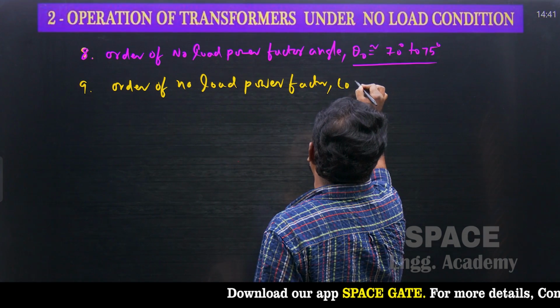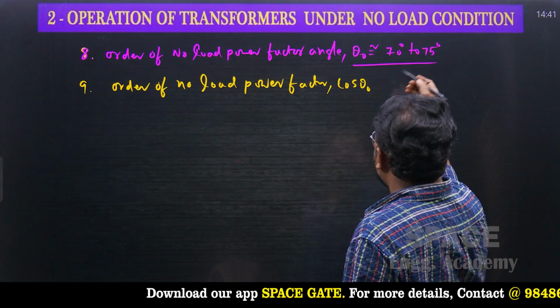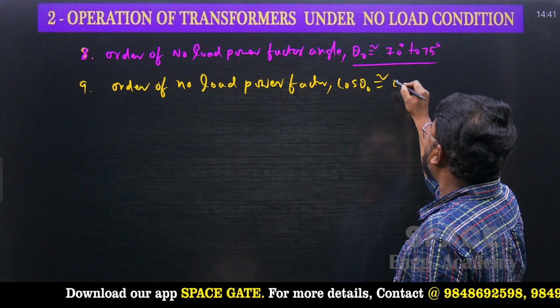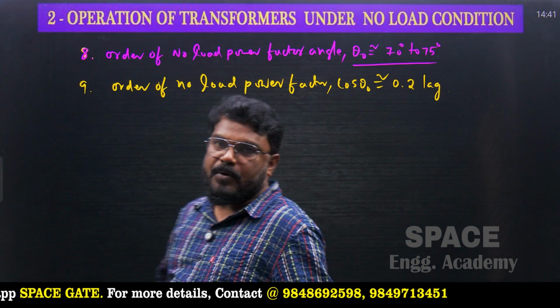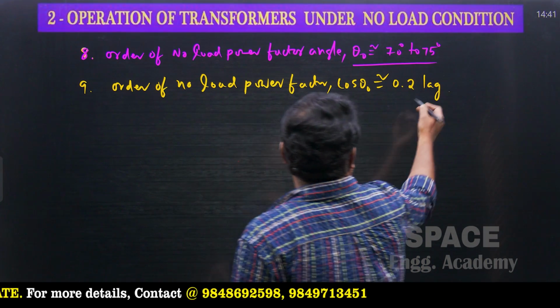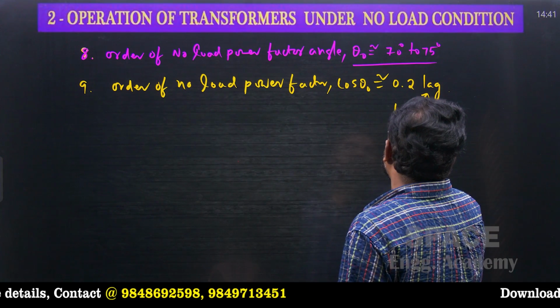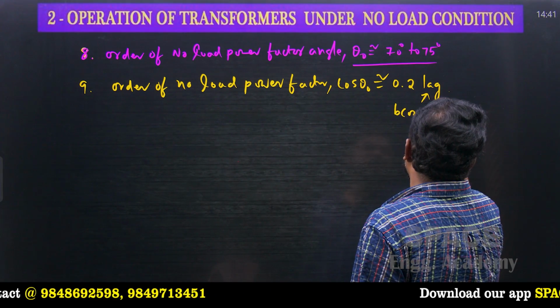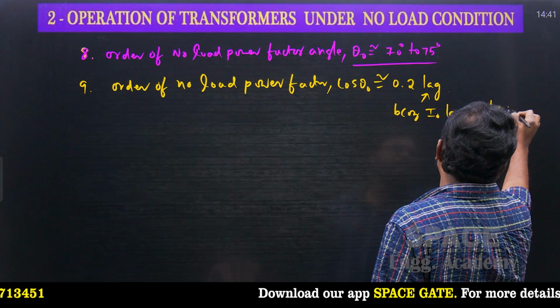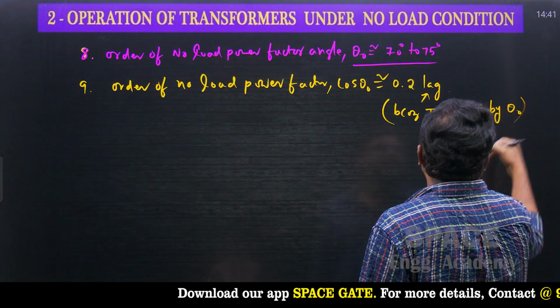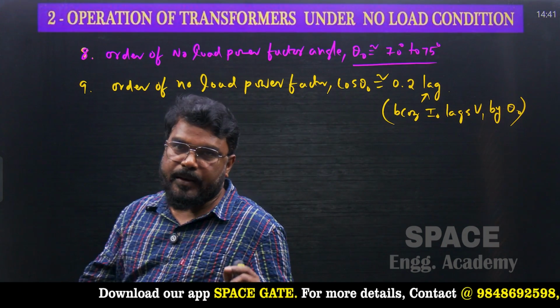This cos theta naught is approximately equal to 0.2 lag. So it is always a lagging power factor. Why? Because this I naught lags the applied voltage by theta naught. That's why it is a lagging power factor.